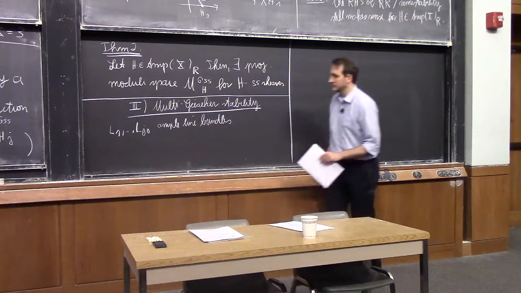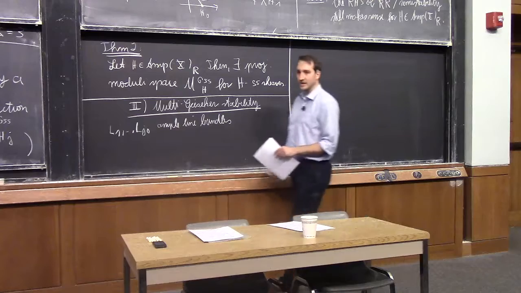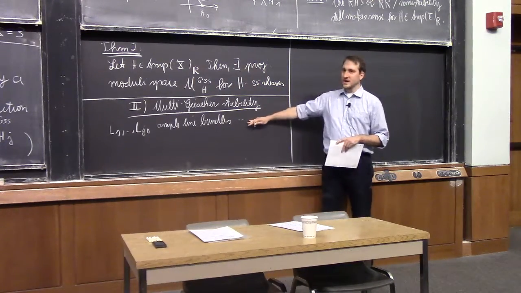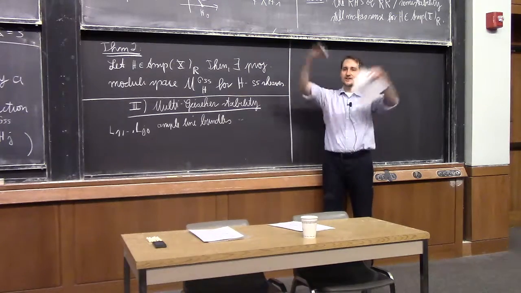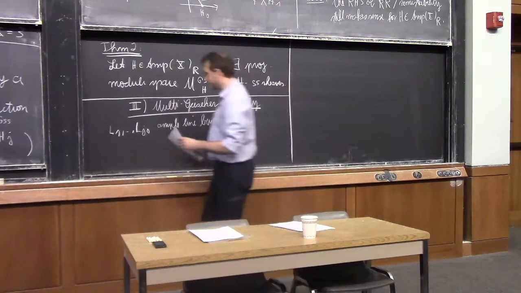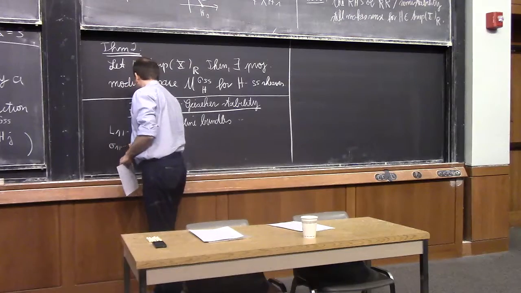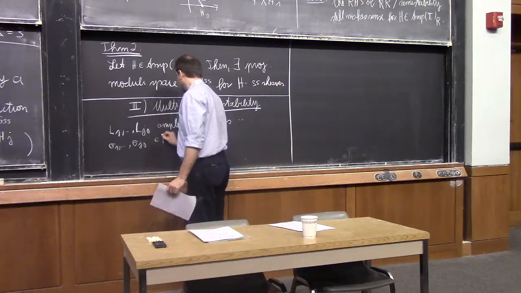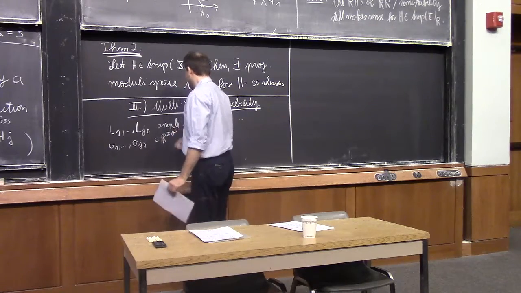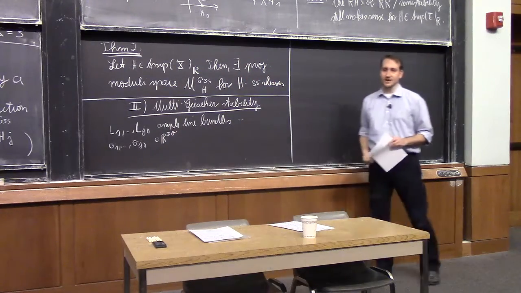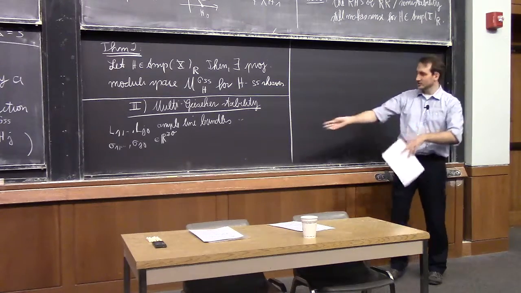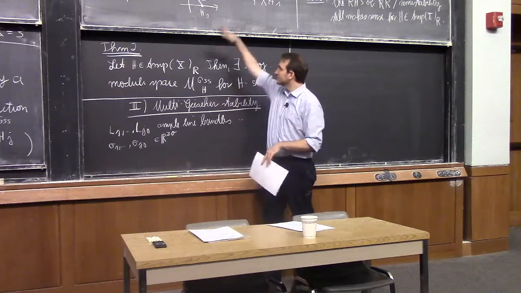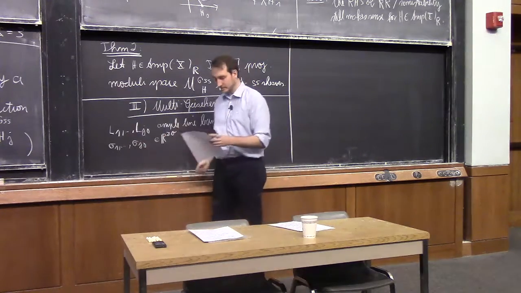I just give myself J naught ample line bundles, which, as you see later in this variation problem, are fixed. And I give myself the same number of real numbers, and these will be variable. So the idea is to push the variation into a different direction. I don't vary H, but I vary some numbers.